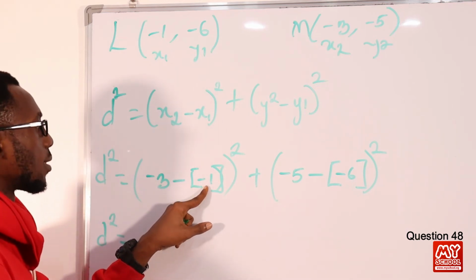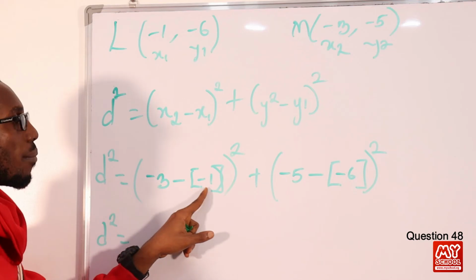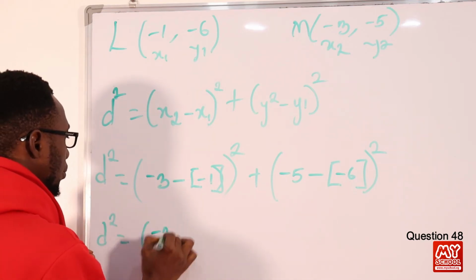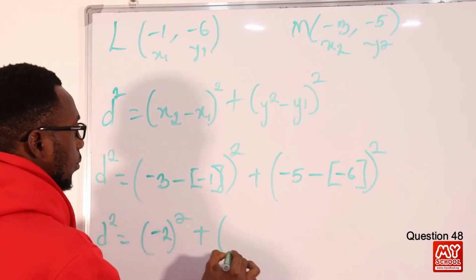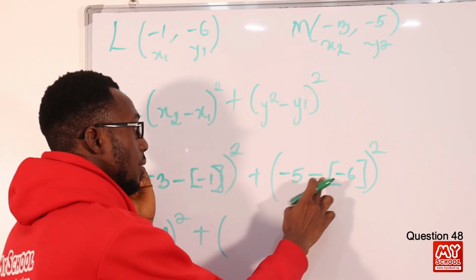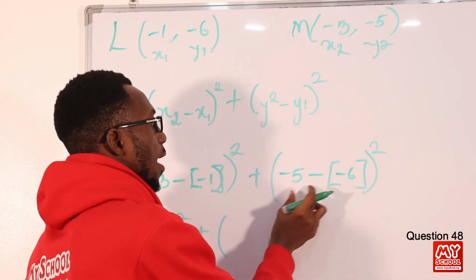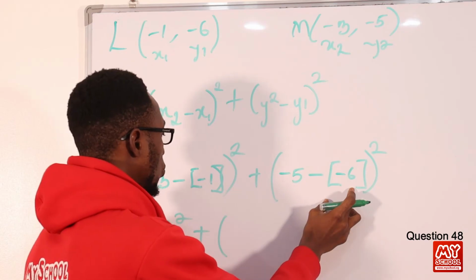Minus times minus is plus, so minus 5 plus 6 is 1.